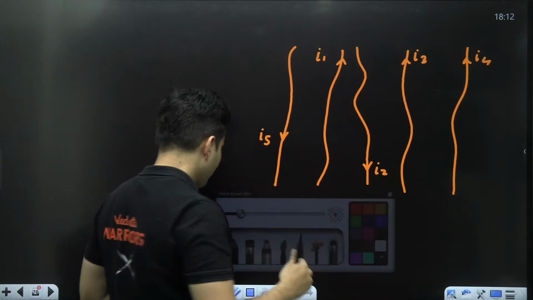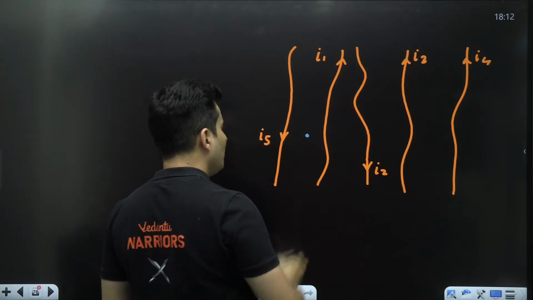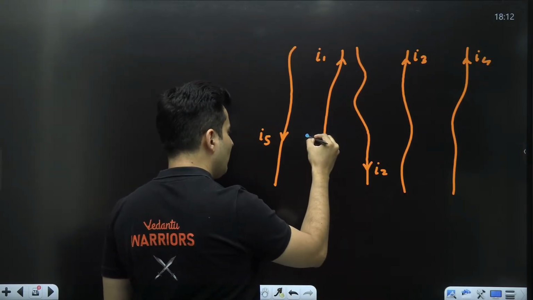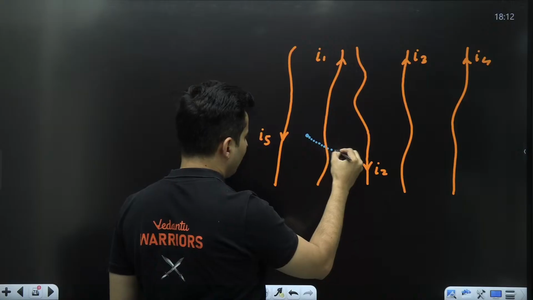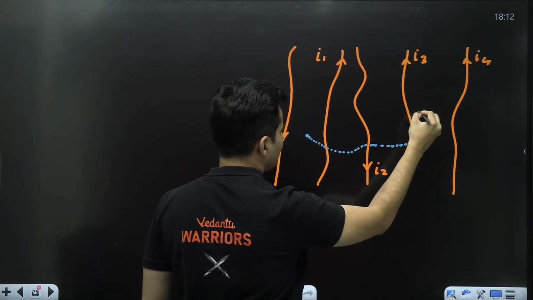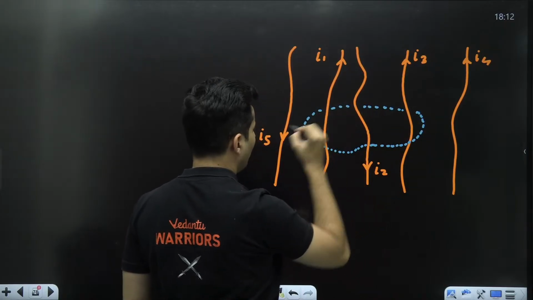So let's say you are somewhere, maybe over here, and you note down what the magnetic field is, and you keep on traveling maybe around these wires, and you come back to the same point.